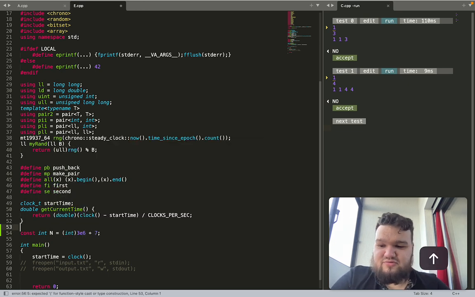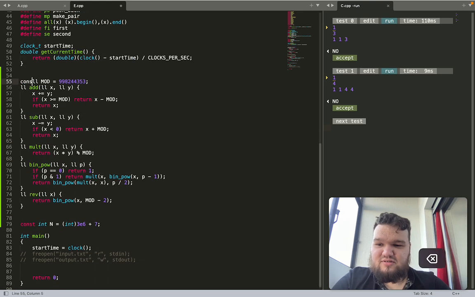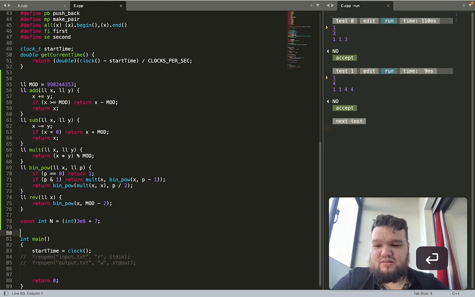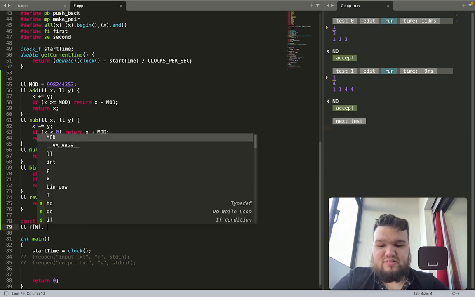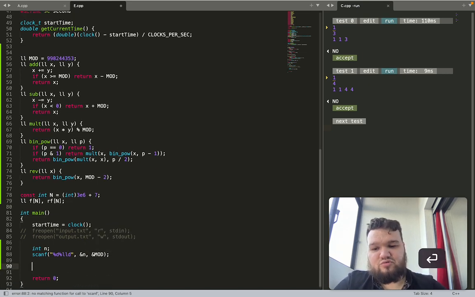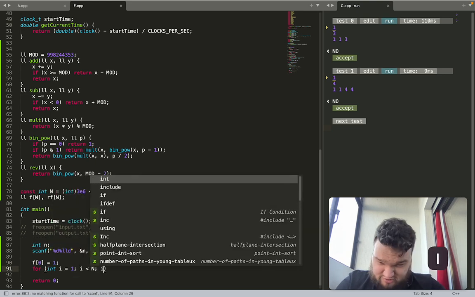I will have to remember the forgotten art of using the operations with functions. Using an and mod. Now we have to calculate factorials and inverse factorials.